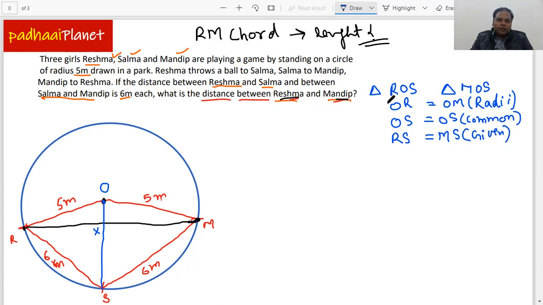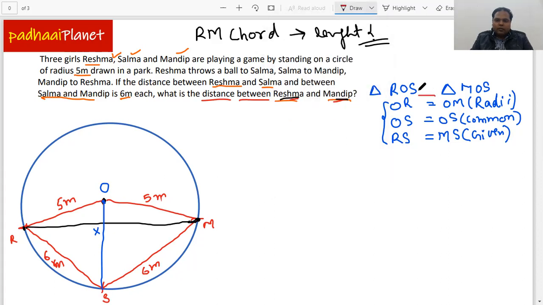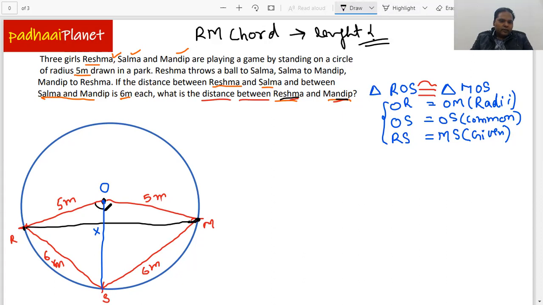Now, having these three properties equal to each other, we can easily say that these two triangles are congruent to each other. And if they are congruent, then we know that these two angles are equal to each other. That's the important relationship which we have gathered from here.